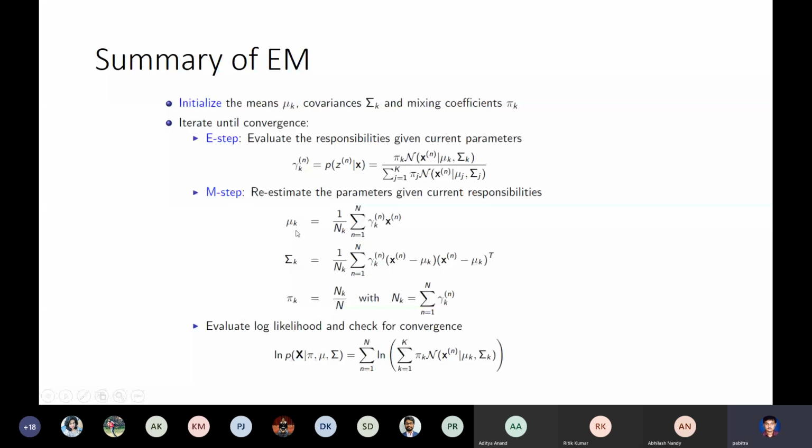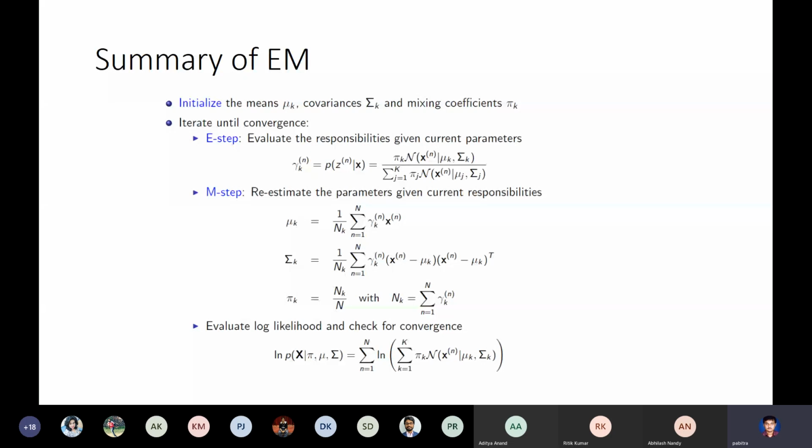Mu1 you get from gamma 1, mu2 you get by adding gamma 2, and so on. Similarly, you use this for sigma k and for pi k. You just repeat these two steps, and after every iteration, you check the value of log likelihood. If it converges, you stop. So this is the EM algorithm.